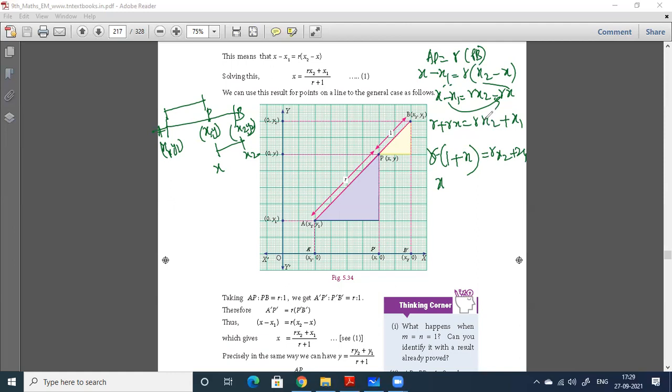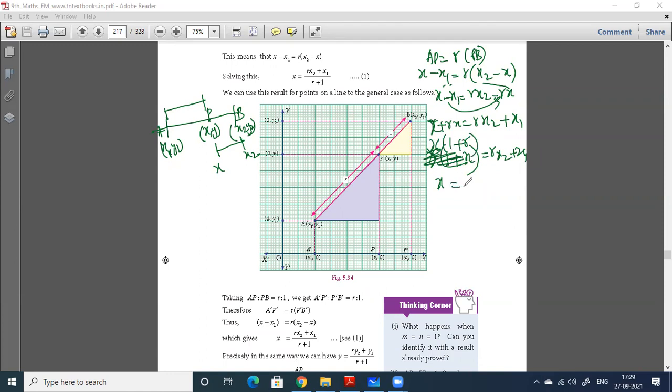So x plus rx, x is taken out: x(1 plus r).